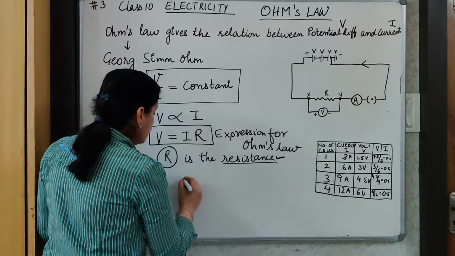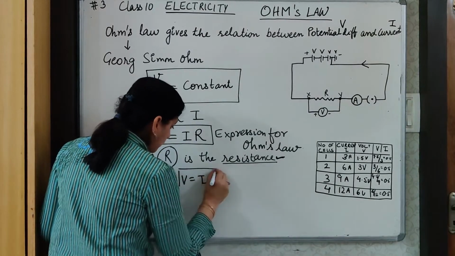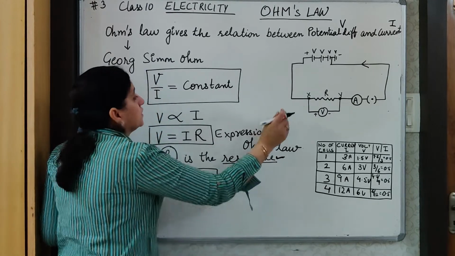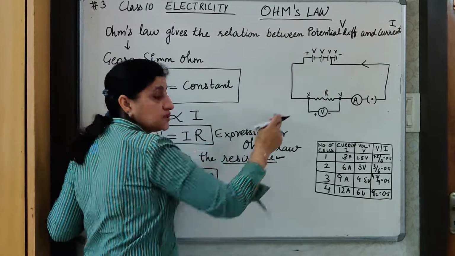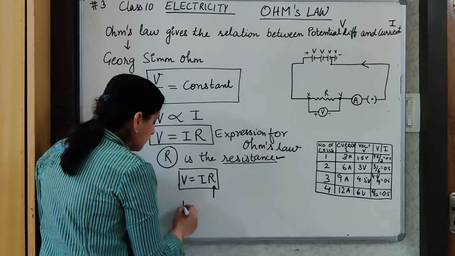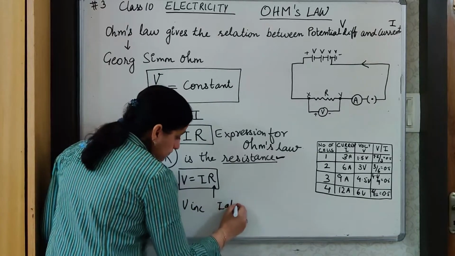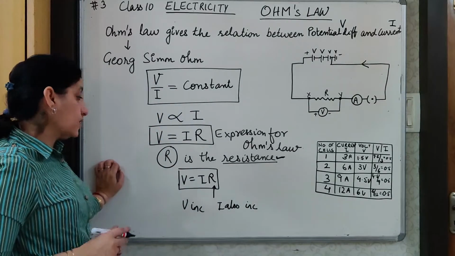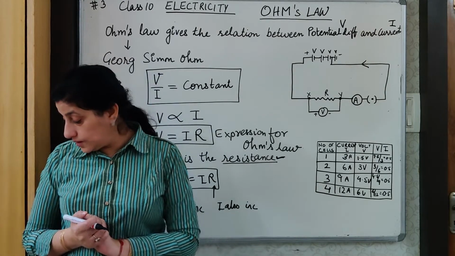Now we will come to a few more understandings from Ohm's law. First of all, if we keep the value of R constant, meaning we use the same material and same length, then if V increases, I also increases.